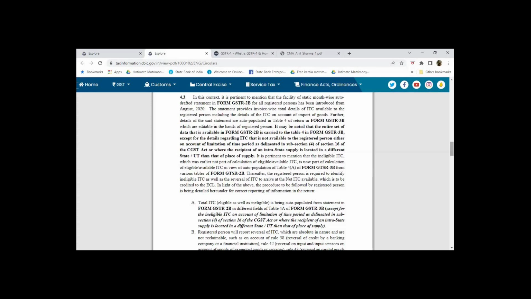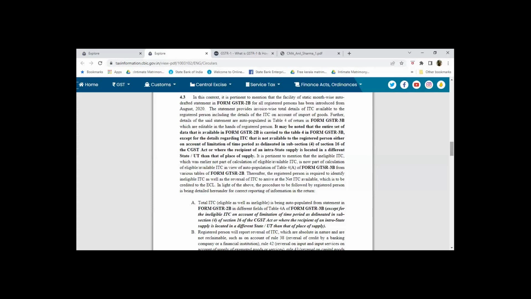Otherwise, the ITC will get lapsed, and any ITC taken after November 30, 2022 pertaining to financial year 21-22 will be ineligible. Earlier it was September 30 of the following financial year or filing of annual return, whichever is earlier.